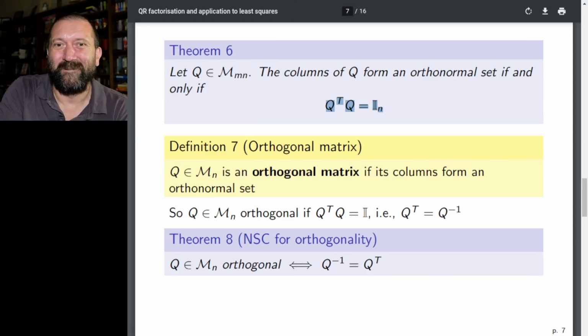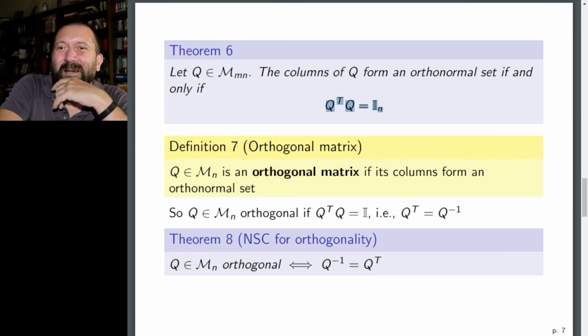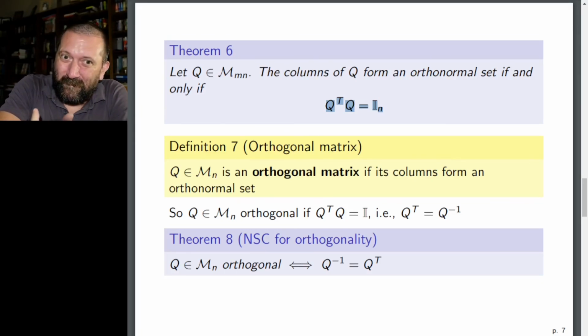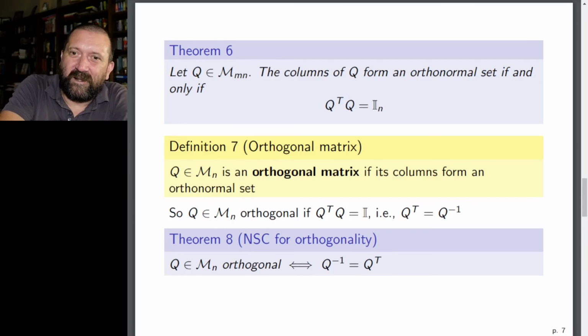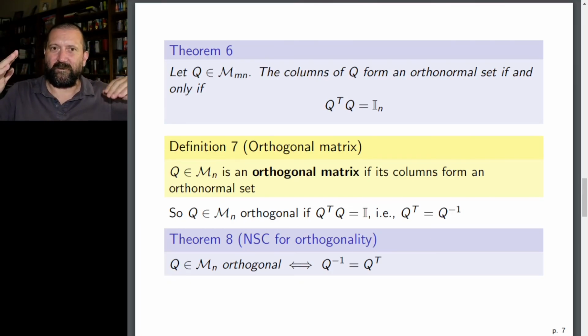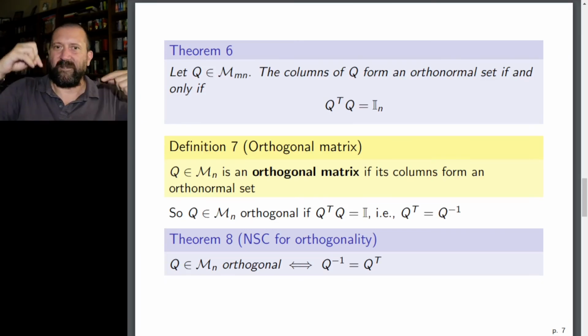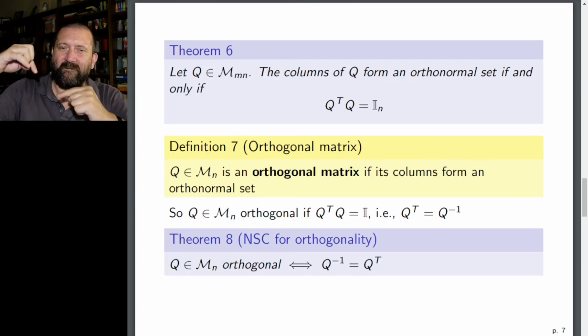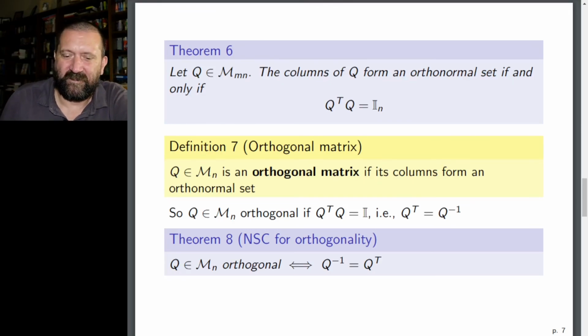Sorry, I'm getting the theorem wrong. But if we have an orthonormal set in the columns of Q, then the product of Q transpose times Q is identity. Remember this was the argument that the dot products are zero unless it's the same vector being multiplied by itself.